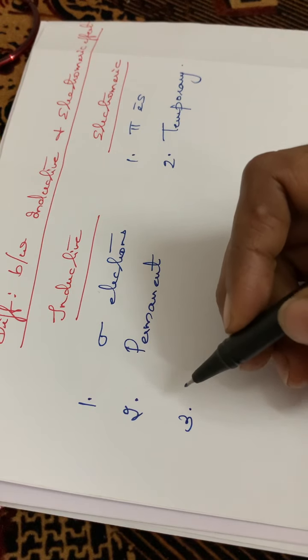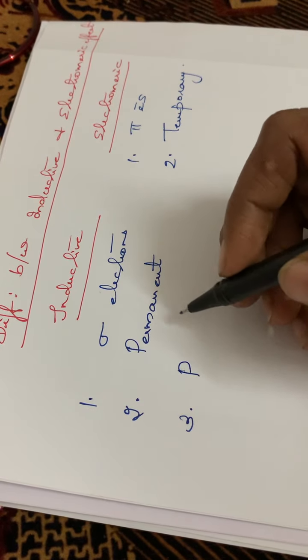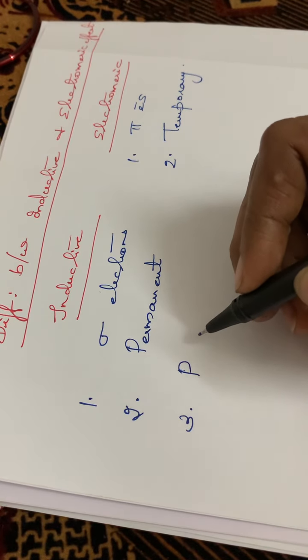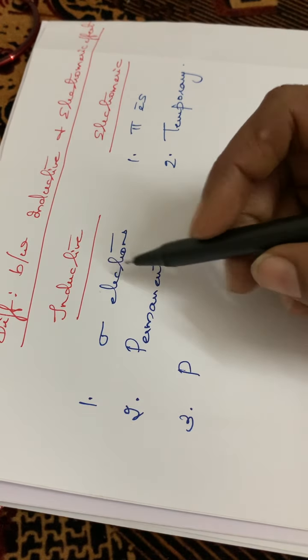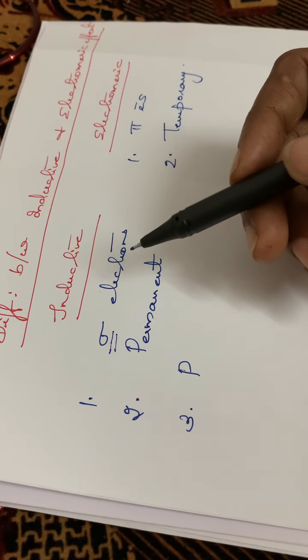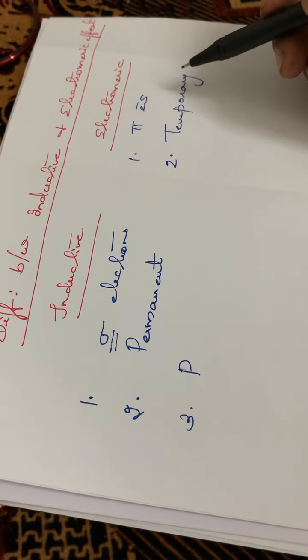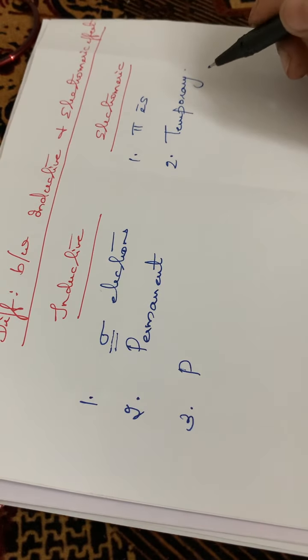Then the third one, for inductive effect, a double bond or a triple bond is not essential, isn't it? Because this inductive effect is taking place in sigma bonds. But in the case of electromagnetic effect, a double or a triple bond is essential.